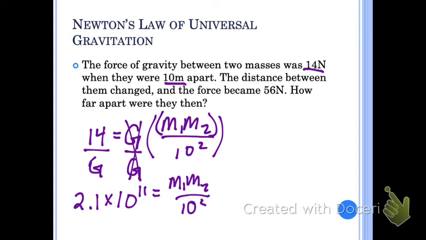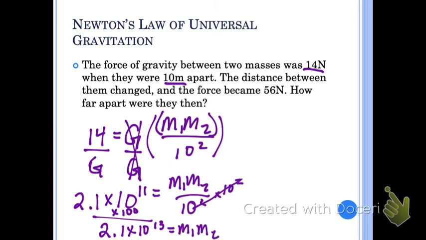So now if I want to get M1, M2 by itself, I'm going to multiply by 10 squared, which I know is 100. And that gives me 2.1 times 10 to the 13th equals M1 times M2.